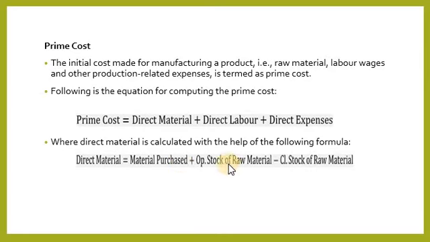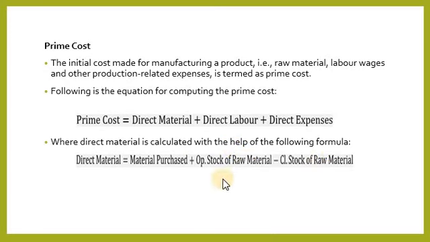Then you use 1 lakh in your production, but some stock will be left after completing manufacturing, that comes under closing stock of raw material for that year. That means direct material consumed equals the material purchased plus opening stock of raw material minus closing stock of raw material.